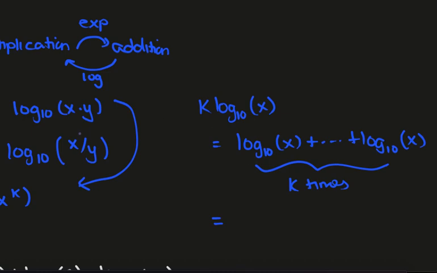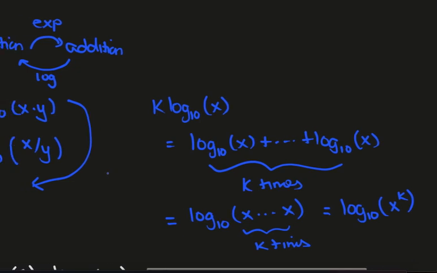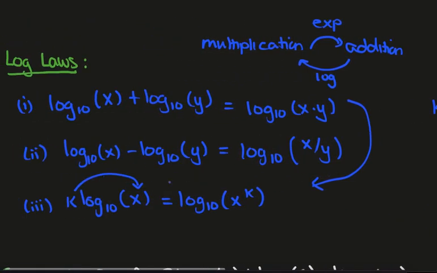But then by the first log law, if I add logs, that's the same as multiplying them. So I multiply x by itself k times, but that's the same as log 10 of x to the k. Now none of this depended on the base. I could have done log 2, log 5, but for simplicity I just chose log 10 for these examples.